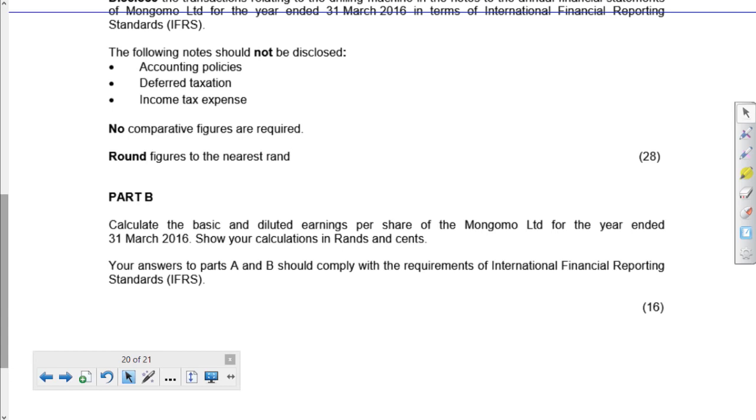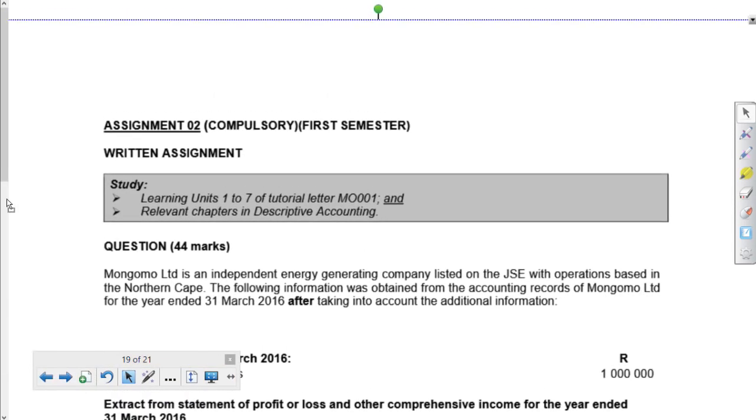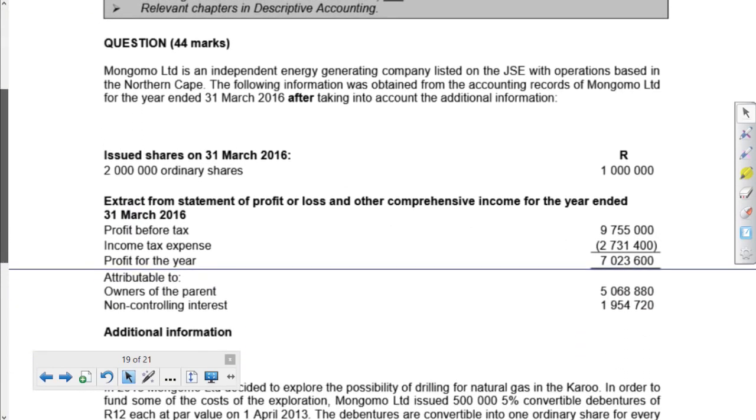And you can see it's just a calculation. It's not disclosure or anything like that, which is usually what it is. So if we go back to the information, let's look at what relevant information is here for basic earnings per share. I have the issued number of shares at 31 March 16, which is end of year. 2 million shares, end of year, at the bottom of your total column.